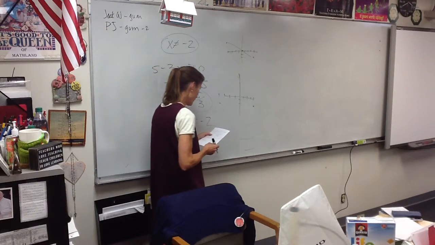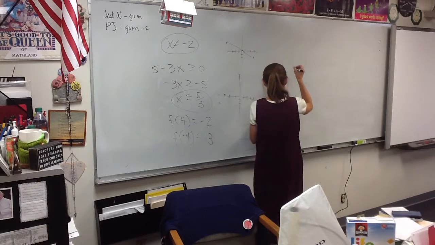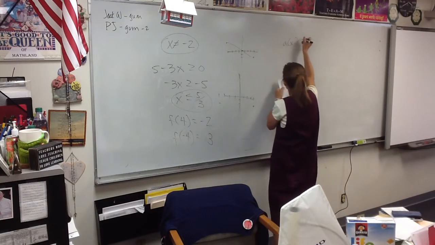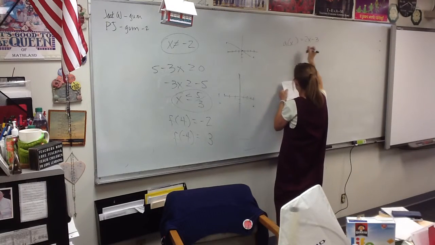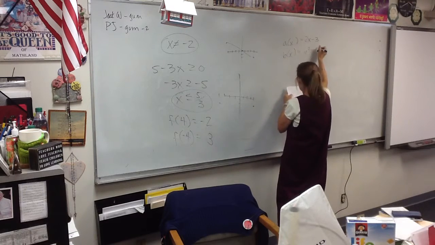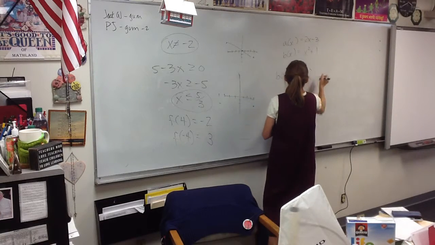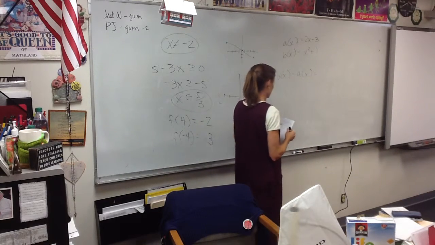All right, number 3. All right, so we're just subtracting in the beginning, so this is easy. What's that equal? B of x minus a of x.